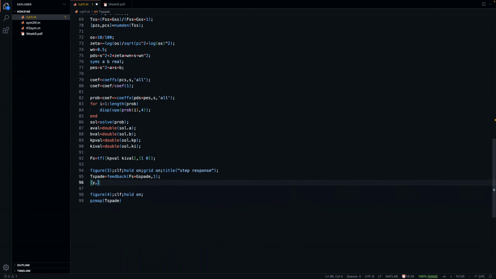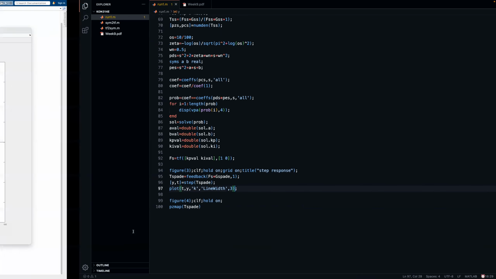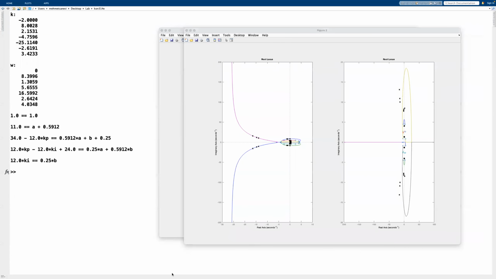Let's have the step response and plot it. So let me run it. There we go.